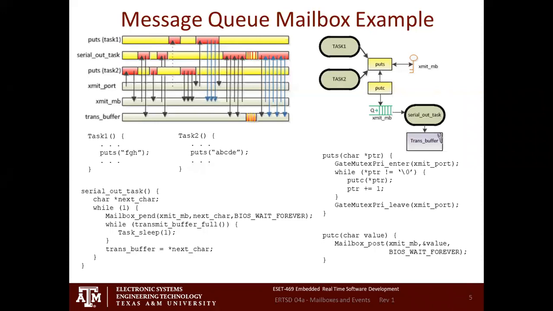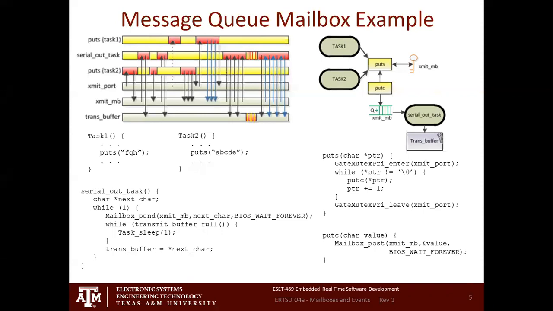Okay. So I've got these two tasks that want to print stuff to the serial output task. And they're each going to call this function called putS that uses putC to shove stuff on this queue.